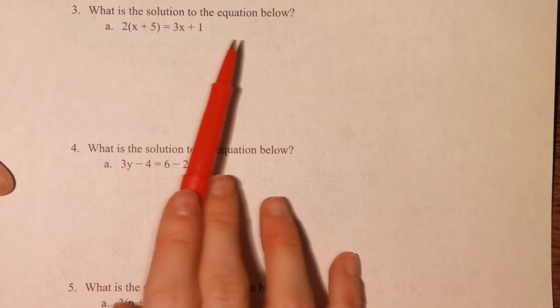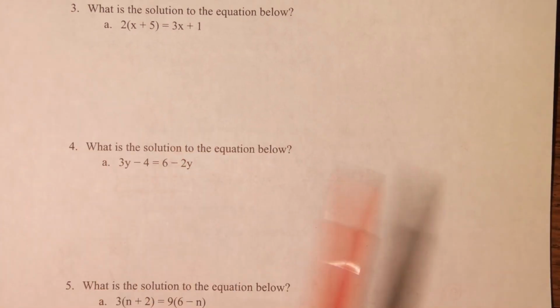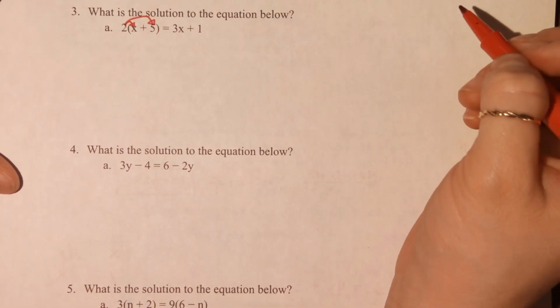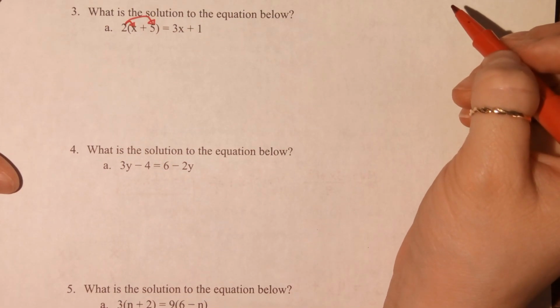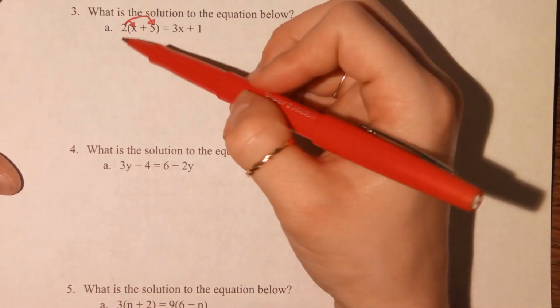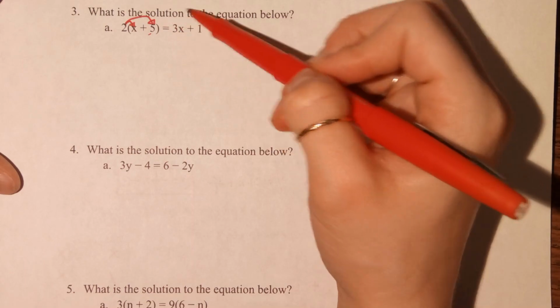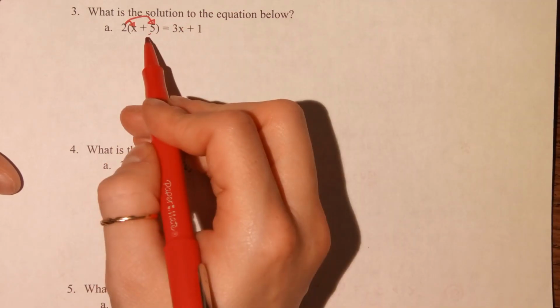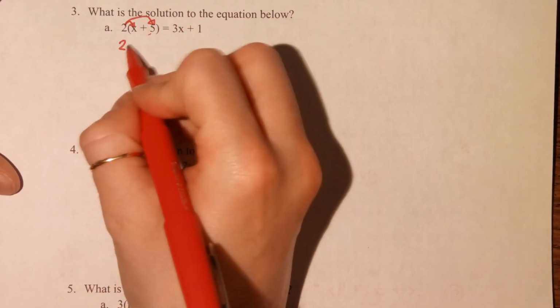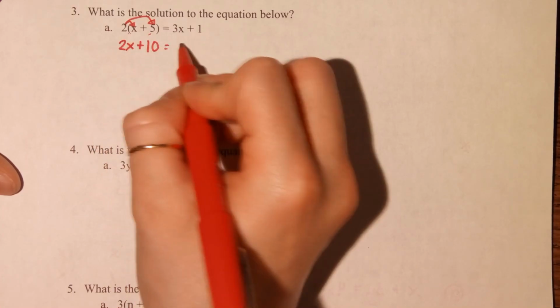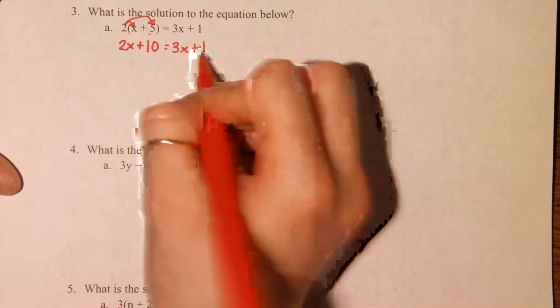We're going to distribute. Make sure that when you distribute into a parentheses that you do it to both or all the numbers. If there was more than 2 things going on in here, we would distribute to all of them. But we only have 2, so we end up getting 2x plus 2 times 5, which is 10, equals 3x plus 1. I want to get rid of my 1, so I'm going to cancel that out.